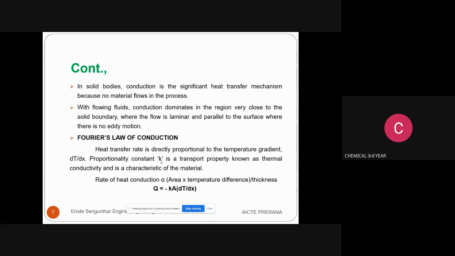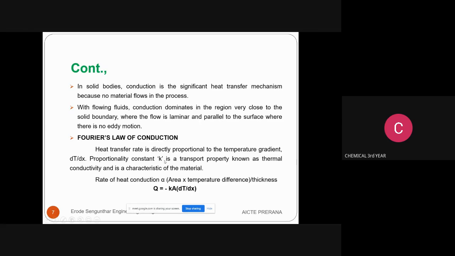So what is k? We all know k is nothing but the thermal conductivity of the material. Conductivity means the capability of the material to transfer the heat in the body. So we mention k as the transport property.